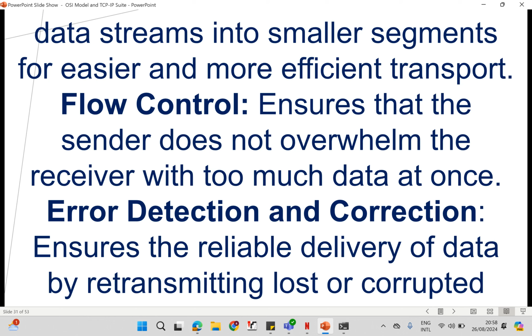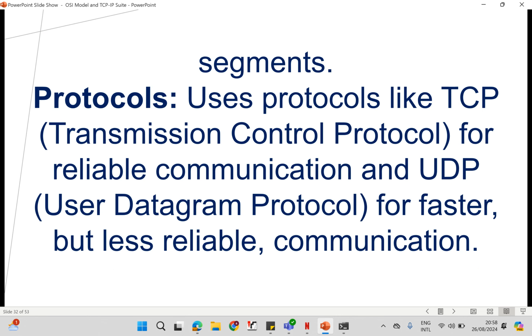So error detection and correction ensures the reliable delivery of data by retransmitting lost or corrupted segments. Protocols. This is what we need to understand as well. Uses protocols like TCP, transmission control protocol, for reliable communication, and UDP, user datagram protocol, for faster but less reliable communication.